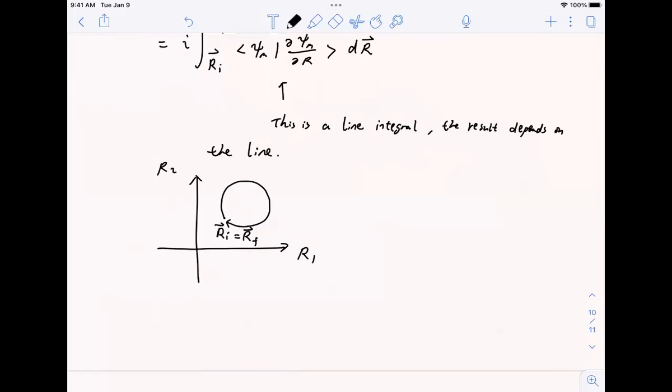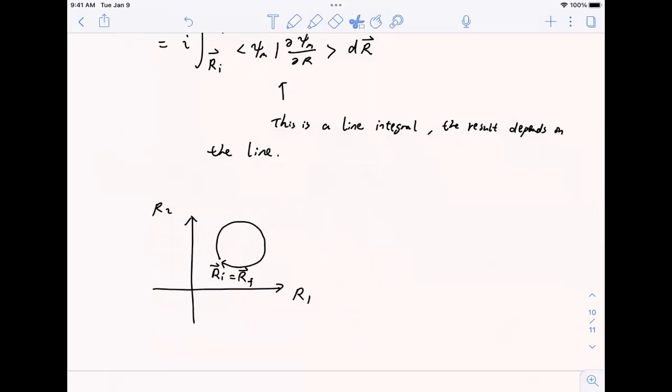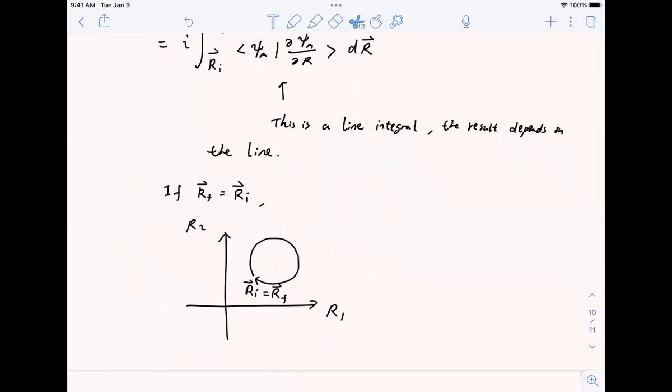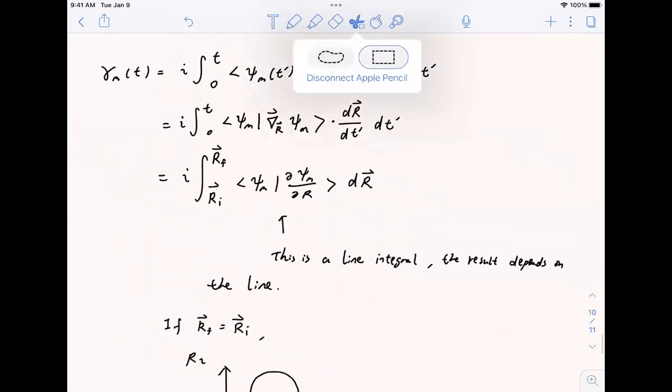If Rf equal to Ri, then this one will become a closed loop integration.